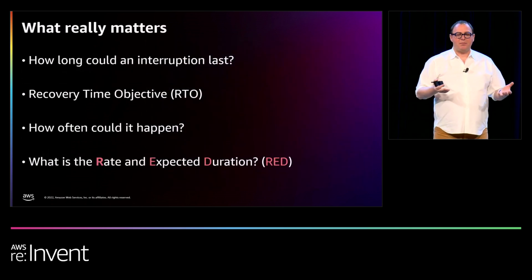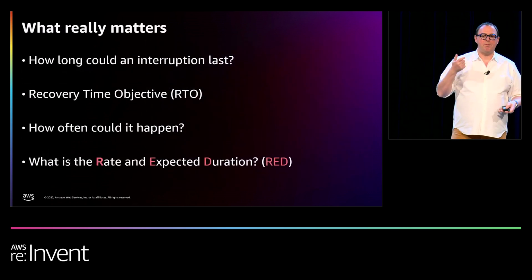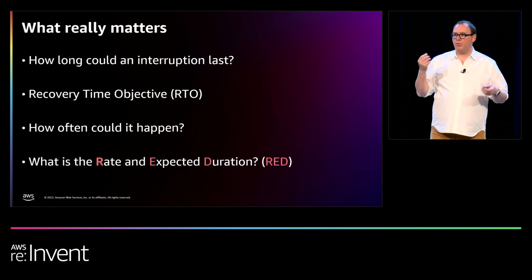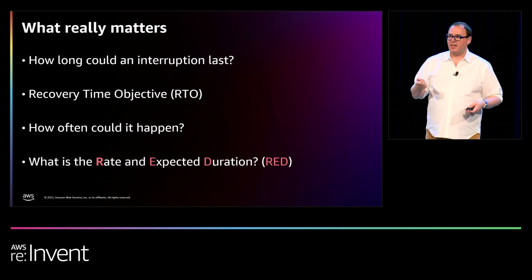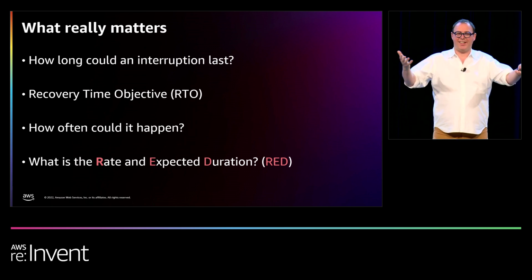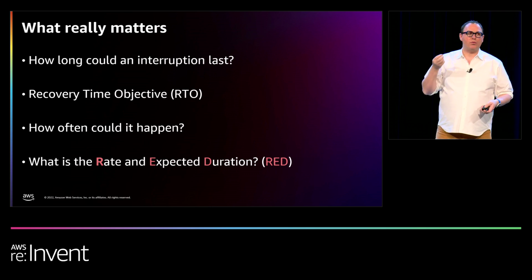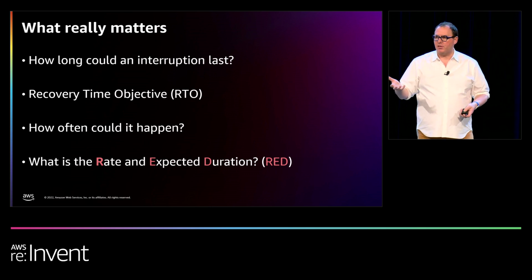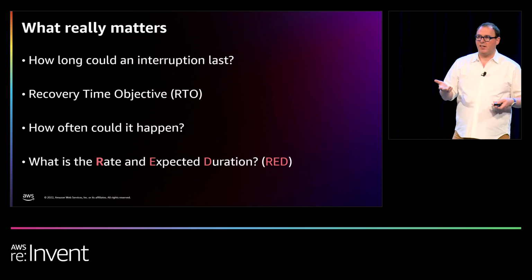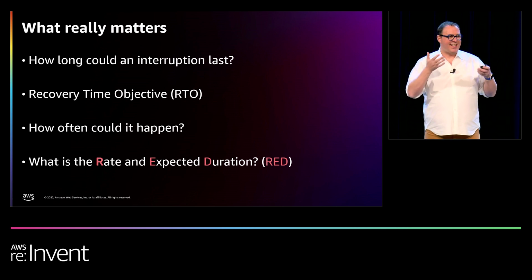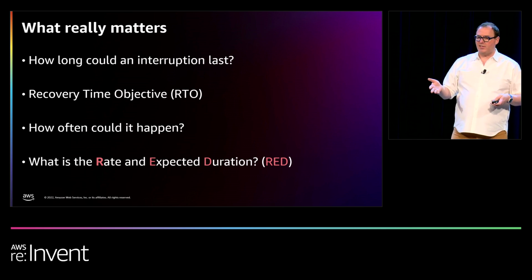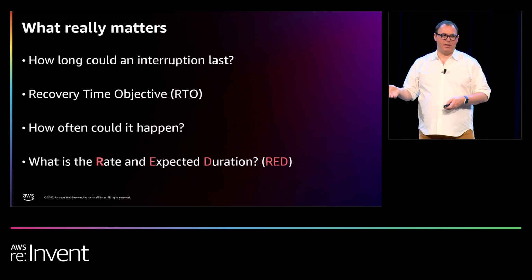So we can apply the same technique, right? But what really matters? What is the thing that we really, really care about? Because personally, I don't think nines tells you that much. And I think the thing that really matters to most customers, engineering leaders, and systems designers is how long can an interruption last and how often can that happen?